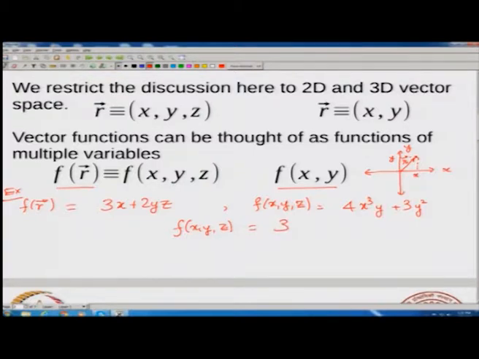So these three are examples of functions of a vector. You can do this in many different ways, and the point is, whenever you have a function of many variables, you can think of it as a function of a vector.